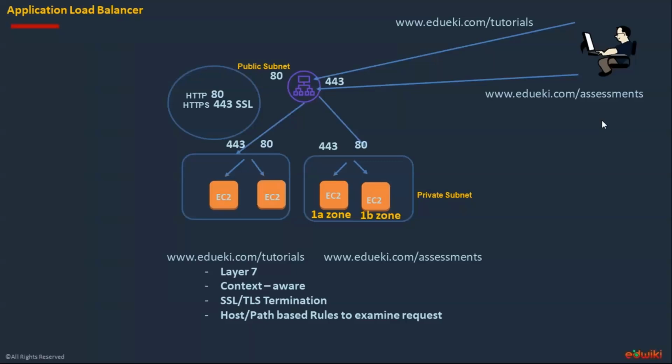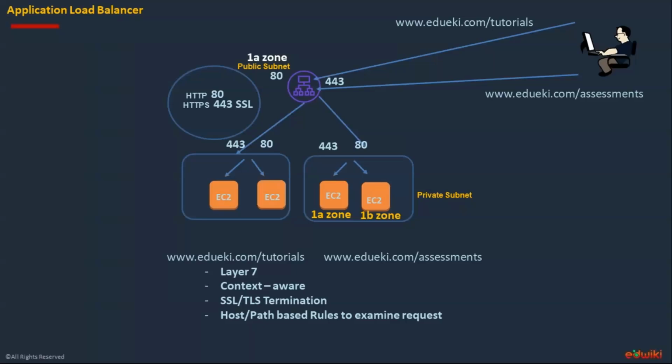A question for you at this time. I'm creating an application load balancer in a public subnet, right? What does it mean by the public subnet, guys? The subnet is also associated with one of the zones, right? Correct? When you are creating a public subnet, the subnet is actually associated with a zone, maybe 1A zone as an example.